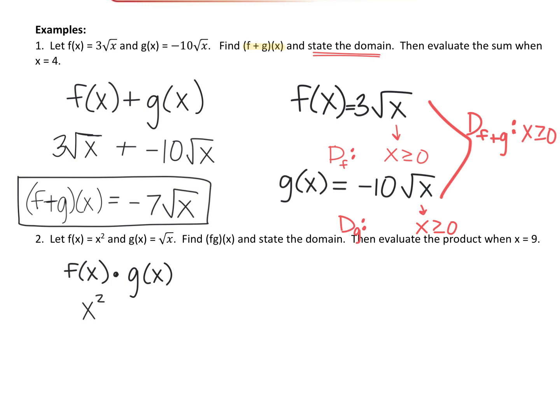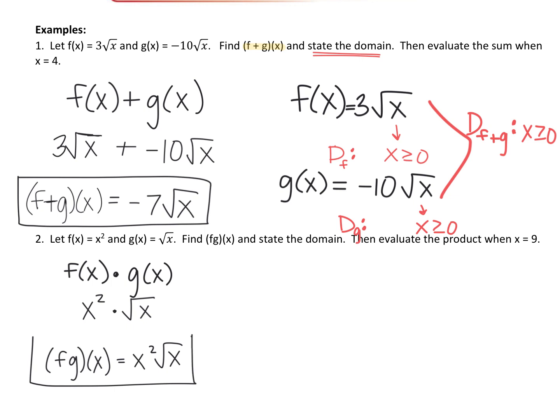G of x is square root of x. You can't really do anything, and so you're going to put them side by side. You'd say, okay, when I have fg of x, I get x squared root x. So that's the answer. A very minimal amount of effort here.